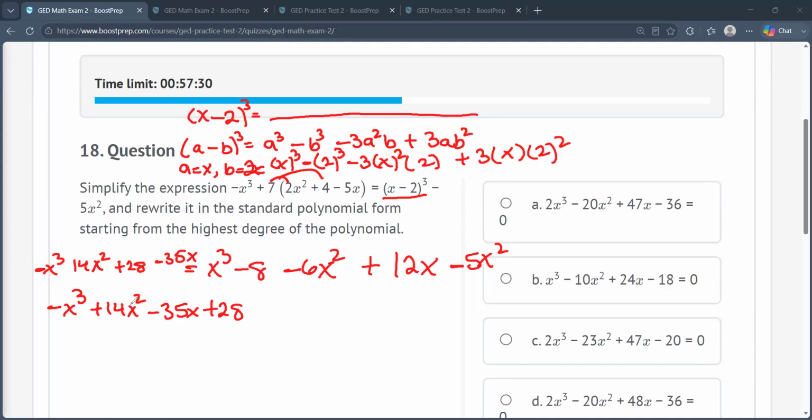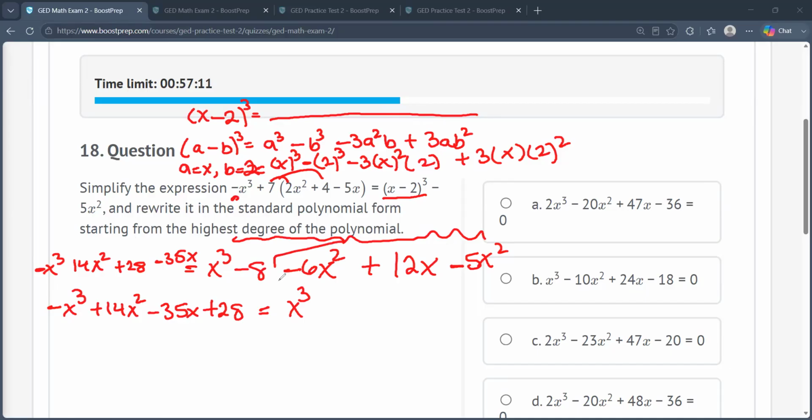I don't think you can collect like terms, so I think this is the most simplified for the left side. I brought down that negative x cubed, equals, and then over here on the right side, I'm going to clean it up before I do anything else. Start with the highest power, x cubed. I don't see any other x cubed.